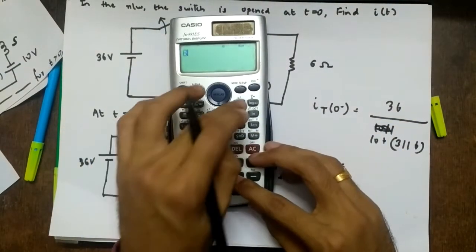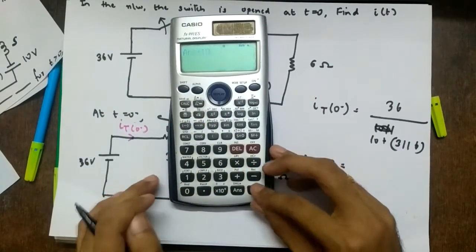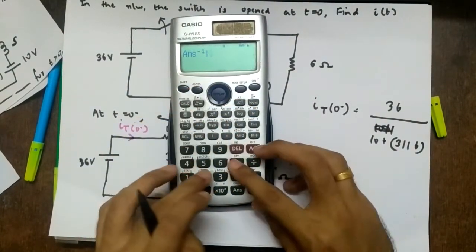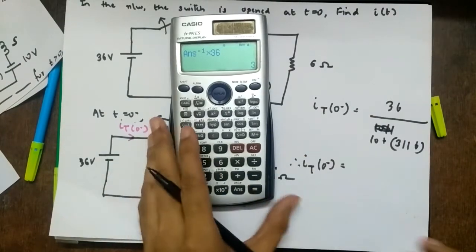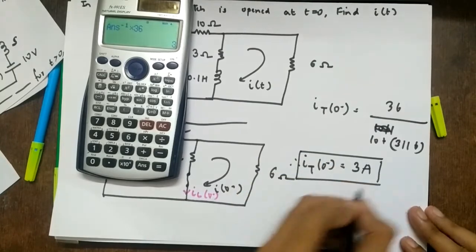So 6 parallel with 3 means 6 inverse plus 3 inverse, take its inverse, plus 10, and this inverse into 36. So what is the answer? 3 ampere. So iT(0 minus) is 3 ampere, right?